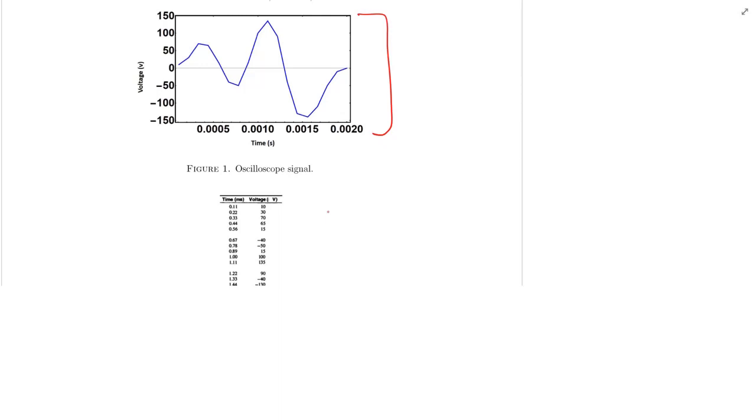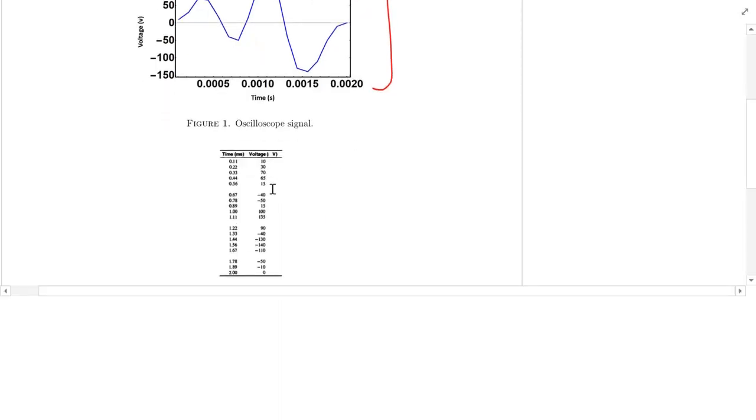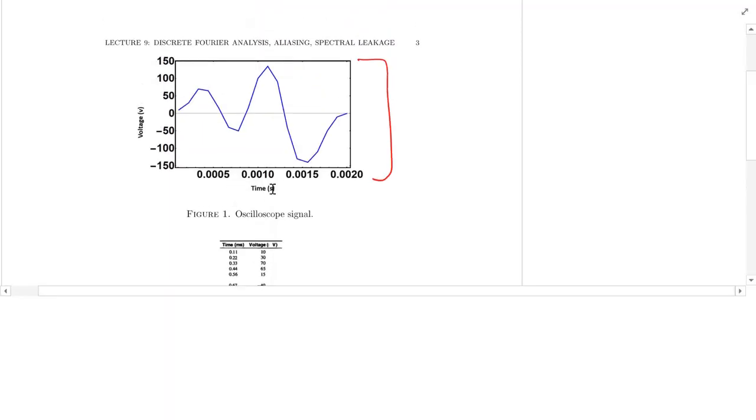Well, what we're going to do is calculate our Fourier series as usual. So what is our delta t, or what is our sampling frequency? Or let's first ask the question, is this signal periodic? Well, it's not periodic within this period, so it's aperiodic.